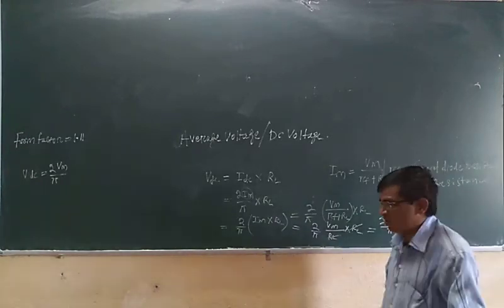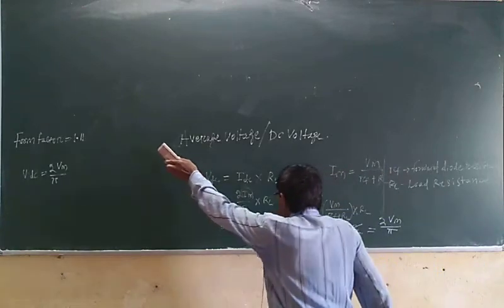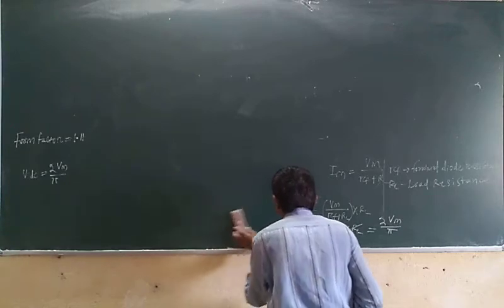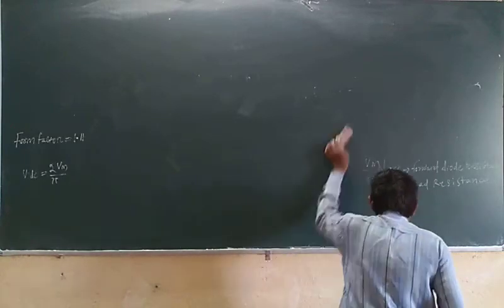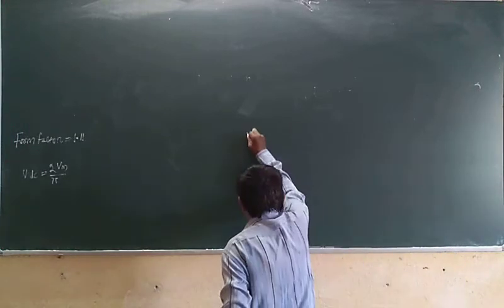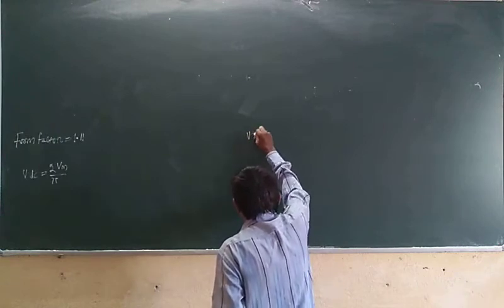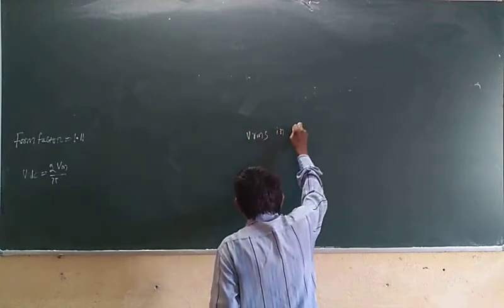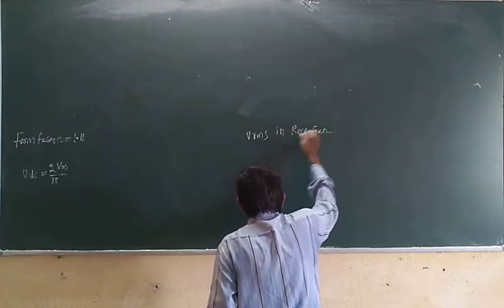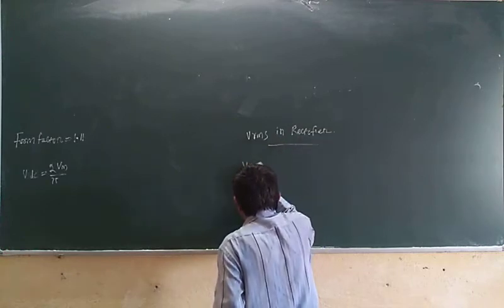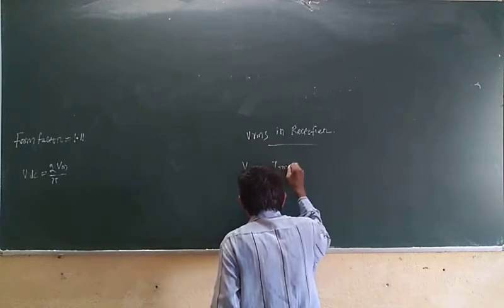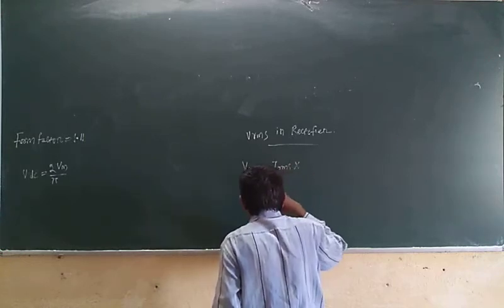Now again we find the Vrms. We calculate the RMS voltage or AC voltage on the output side of the rectifier, that is the Vrms. Vrms equal to Irms into RL.